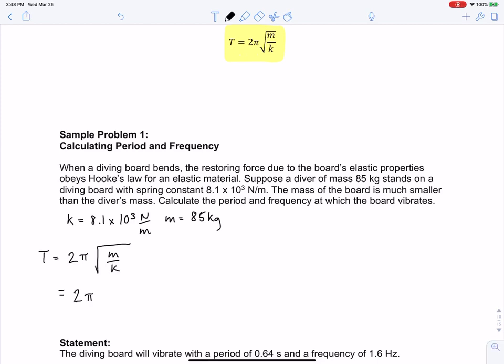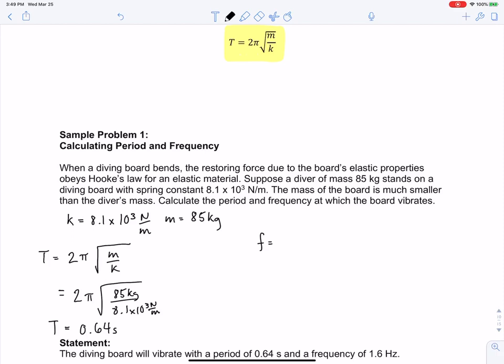Subbing and solving, we get 2 pi times the square root of 85 kilograms divided by 8.1 times 10 to the power of 3 newtons per meter. If we punch this in, we should get 0.64 seconds. Therefore, the period at which the board vibrates is 0.64 seconds.